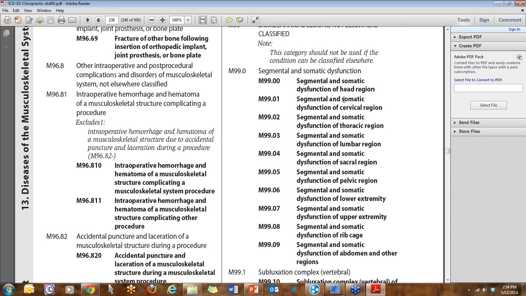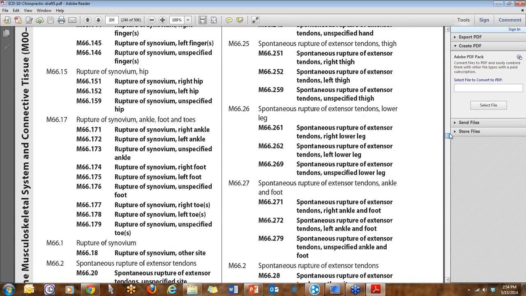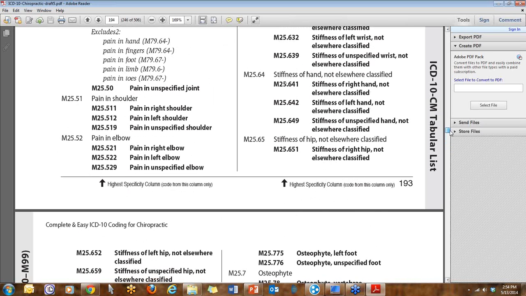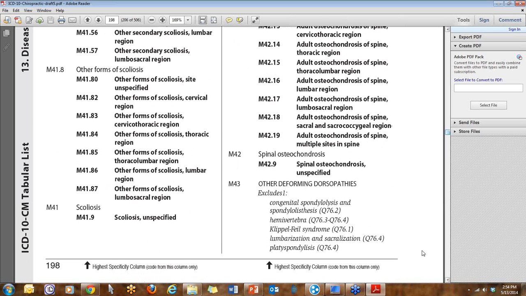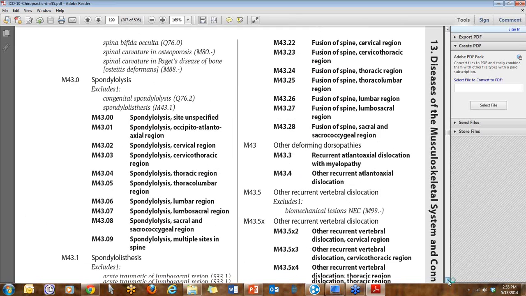So you look right here, segmental and somatic dysfunction of the cervical region. Okay, so this is where you would end. But let's take a closer look.